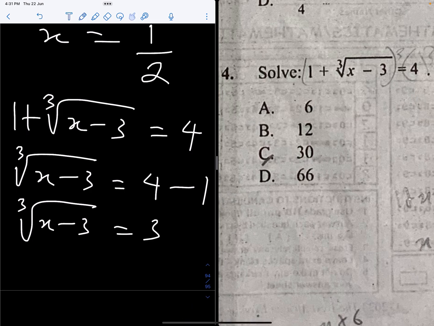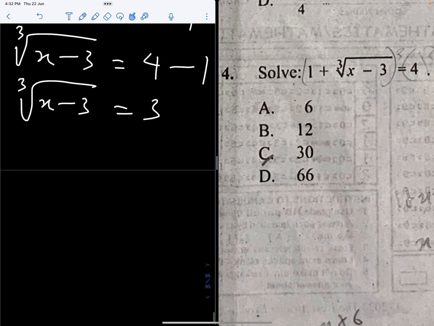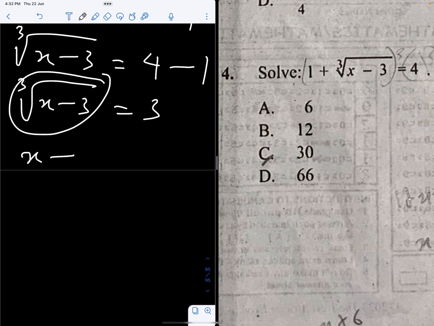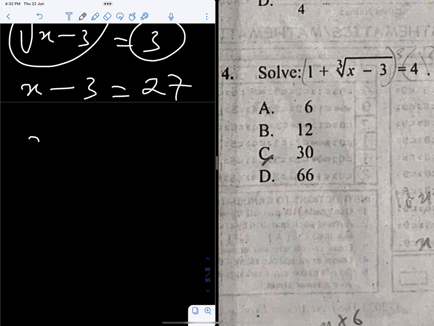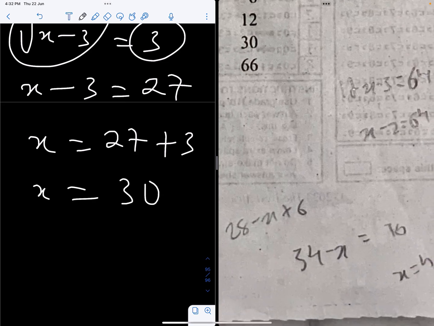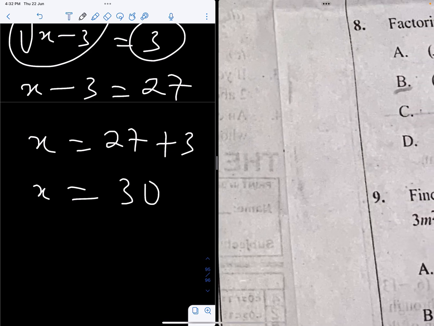Now we find the cube of both sides. The cube of the cube root of x minus 3 is x minus 3, and the cube of 3 is 27. So x equals 27 plus 3, which means x equals 30. Alright, let's go to the next, which is number 5.